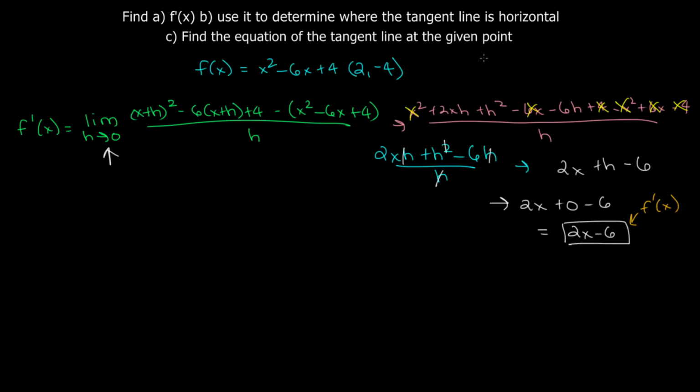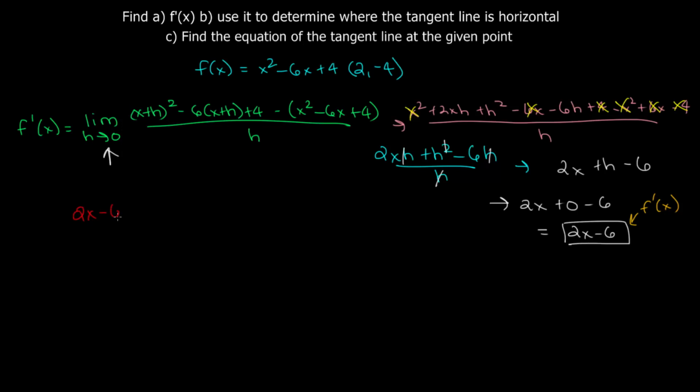Now we want to use it to determine where the tangent line is horizontal. So this gives us the slope of the line at every point on that function. And we want to find the point where the slope is going to be equal to 0, because a 0 slope means that the line is going to be horizontal. So we're just going to set this equal to 0.